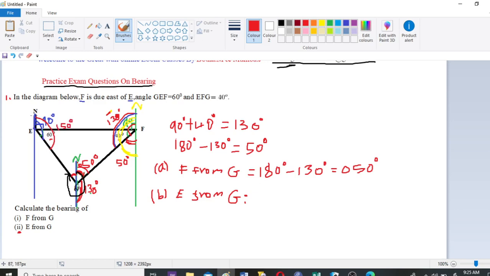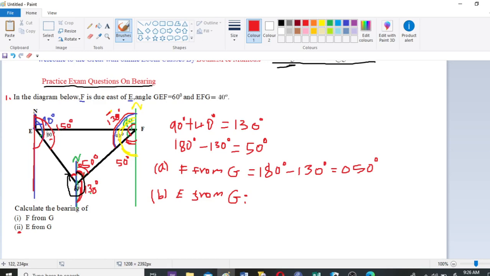Now remember, this is a straight line as well. So if this is a straight line, then the total degree of this angle is 180. So out of 180 we've been given 150. How are we going to find the remaining?